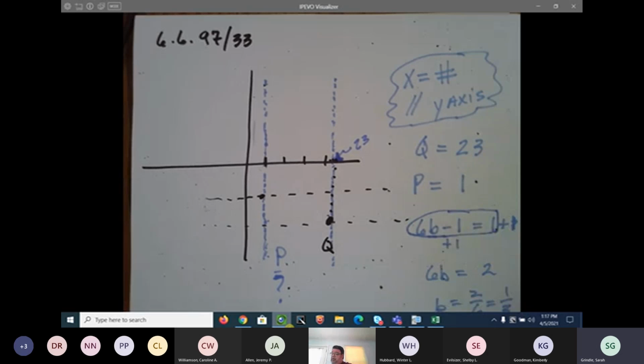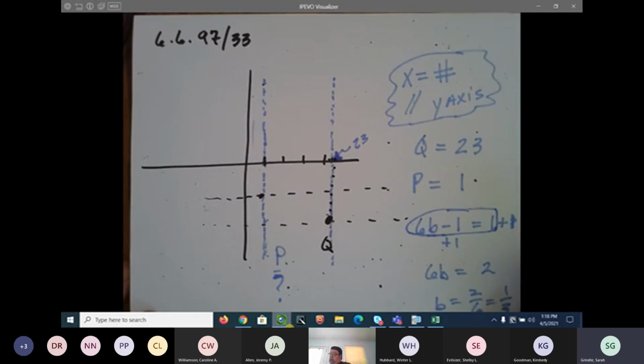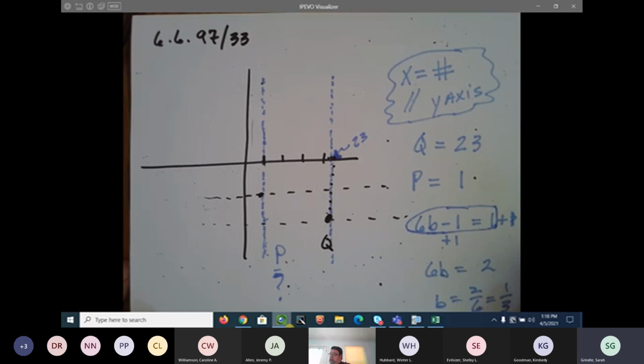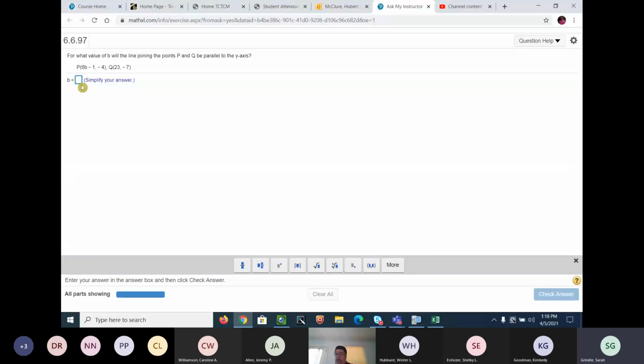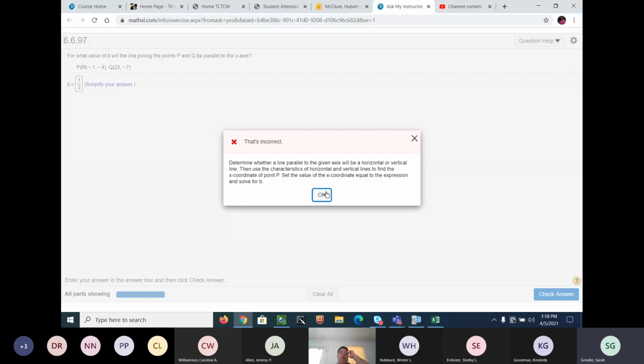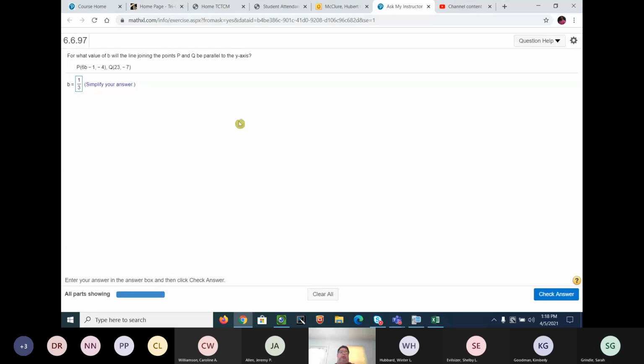See, I did 6B minus 1 is equal to 23 because it's saying that since Q in the first point is 23, then the x coordinate for P is also that. Well, I'm wrong.